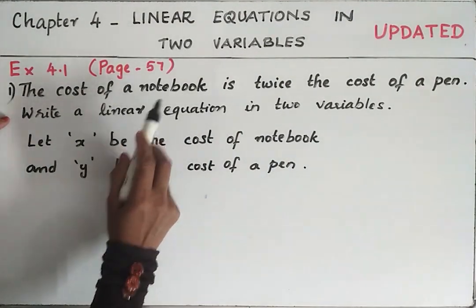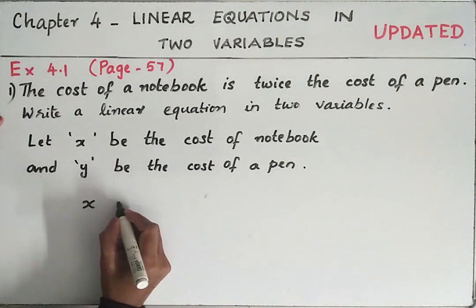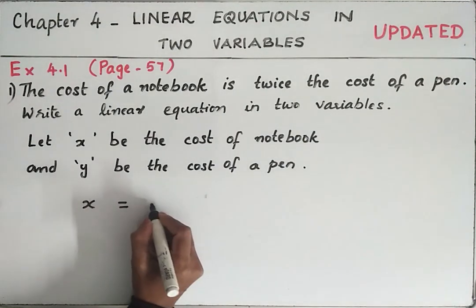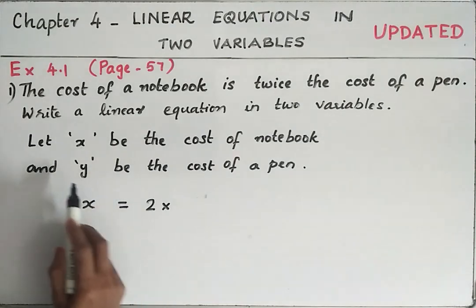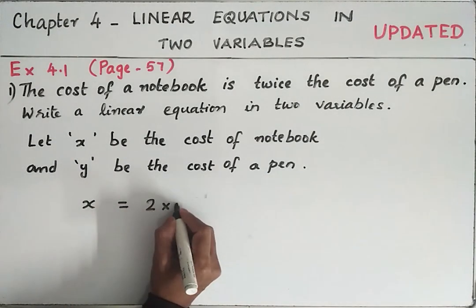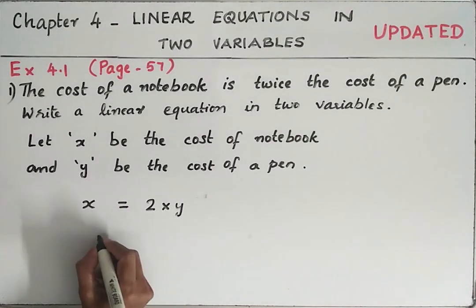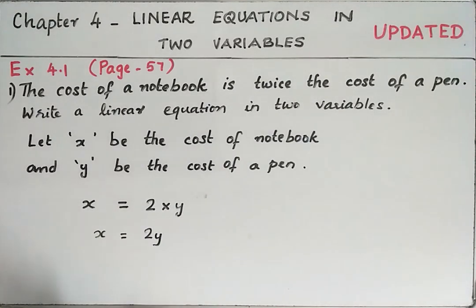The cost of a notebook is, that means X is equal to twice. What's the meaning of twice? 2 times. 2 into the cost of a pen. Cost of a pen is Y. And in between a number and a variable, no need to put the multiplication symbol. So we can rewrite it as X is equal to 2Y. This is the algebraic equation.